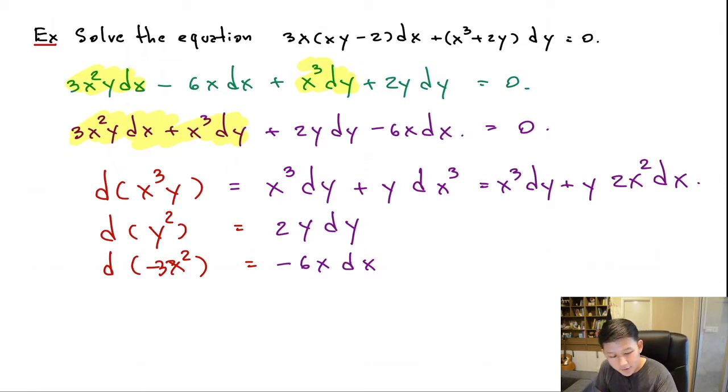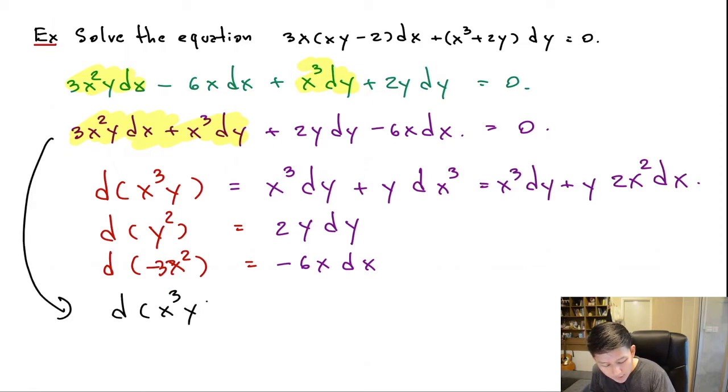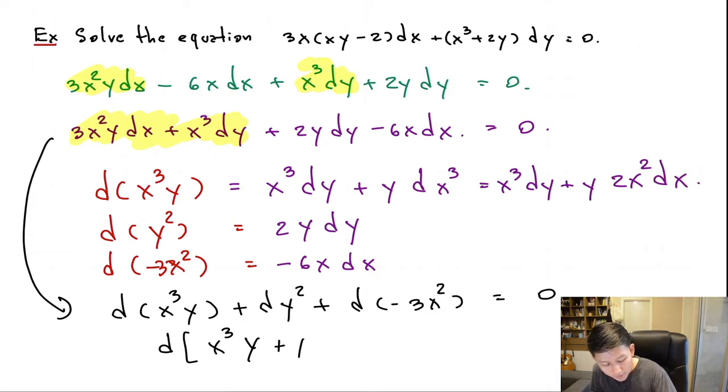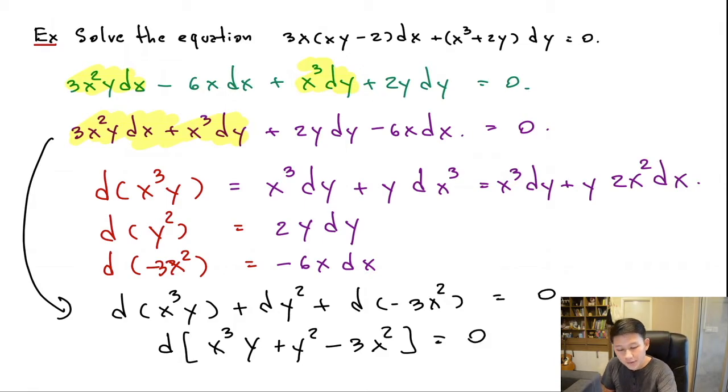So in that case, we have that this guy is actually d of x cubed y plus d of y squared plus d of minus 3x squared equals 0. Which means that this is d of x cubed y plus y squared minus 3x squared equals 0.